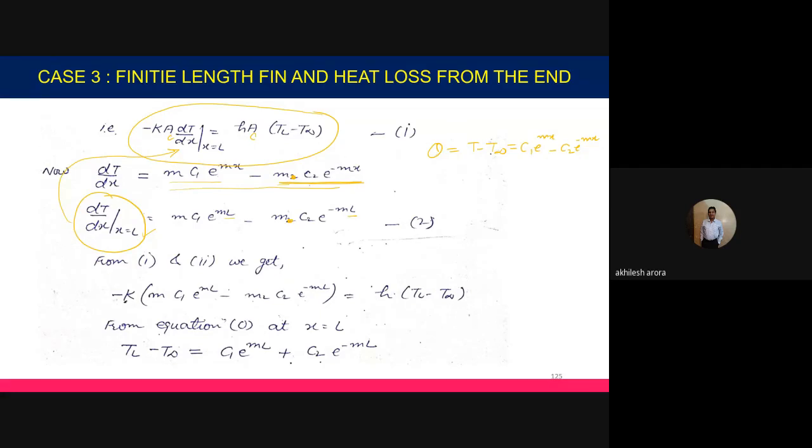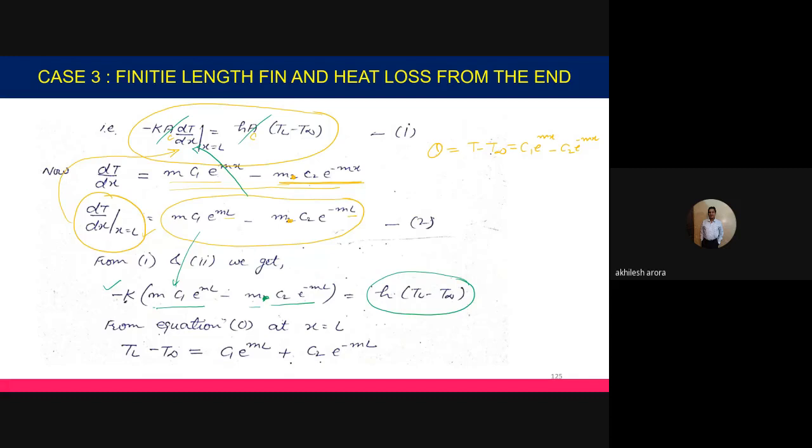Now we can put this value of dT by dx in this particular equation, and we will get minus k Ac, and Ac you can see is cancelled out. Here we have written m C1 e raised to power mL minus m C2 e raised to power minus mL, and that value is equal to h times TL minus T infinity.